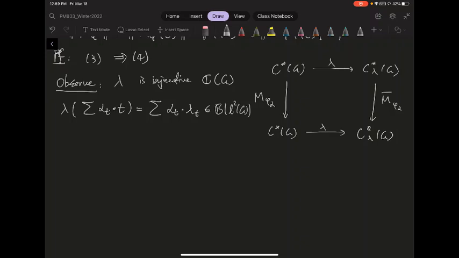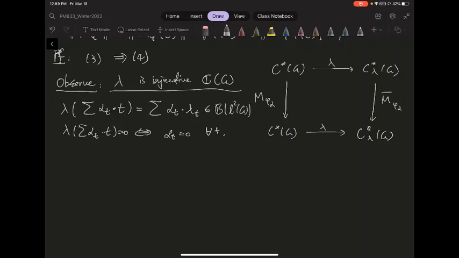Of course, if it's 0, all of the alpha t have to be 0. So basically lambda of this summation is equal to 0 if and only if alpha t is equal to 0 for all t. So let's just prove that lambda is indeed injective on this C of G.